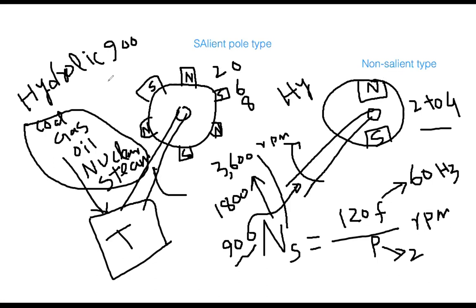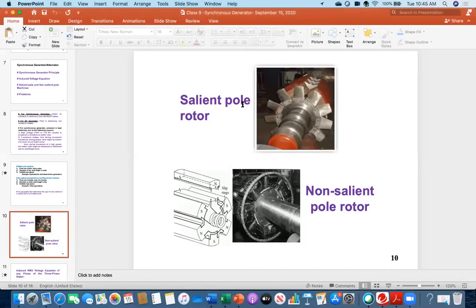When you have much lower speed, like the hydraulic case, then you choose salient pole type. So now everybody go back to that slide. This versus this: just keep in mind, in this case there are many poles. In this case, there are fewer poles.